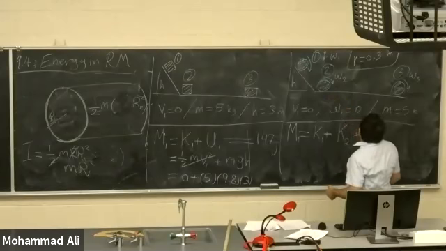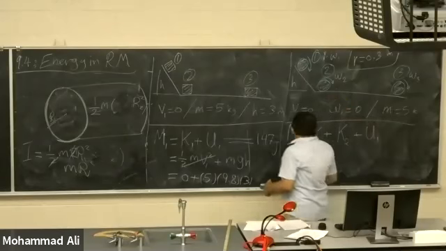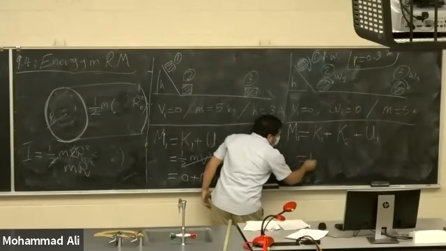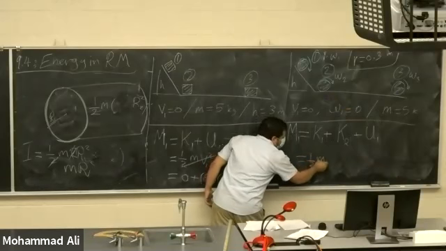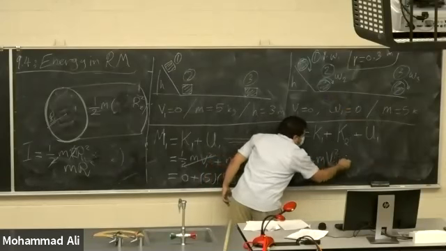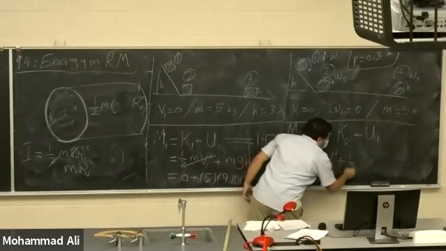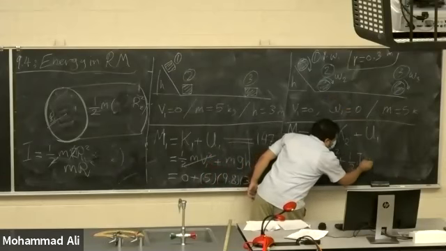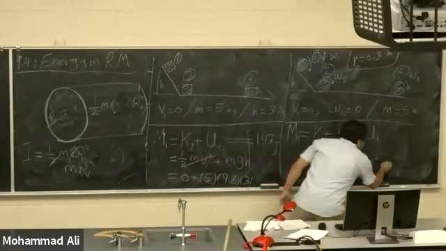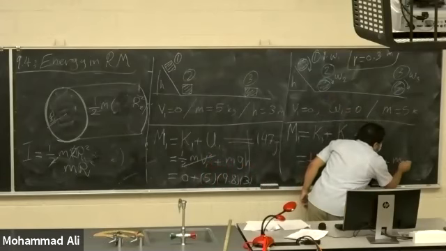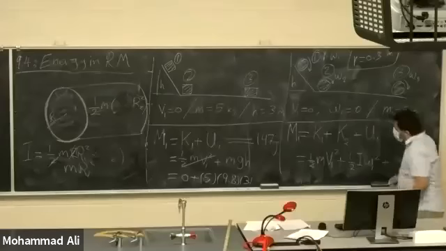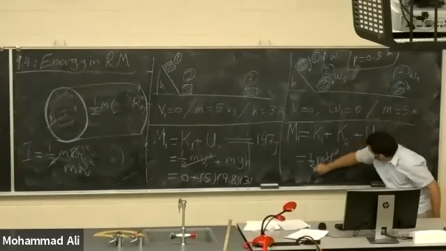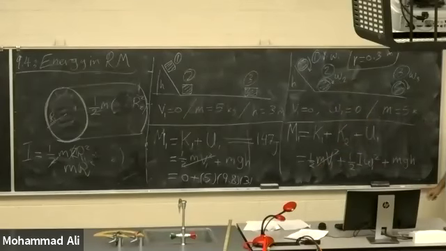If you like, I will write it for you. This will be equal to 1/2 m v1 squared plus 1/2 I omega 1 squared plus m g h. The velocity at the first point is 0, then the linear kinetic energy is 0.